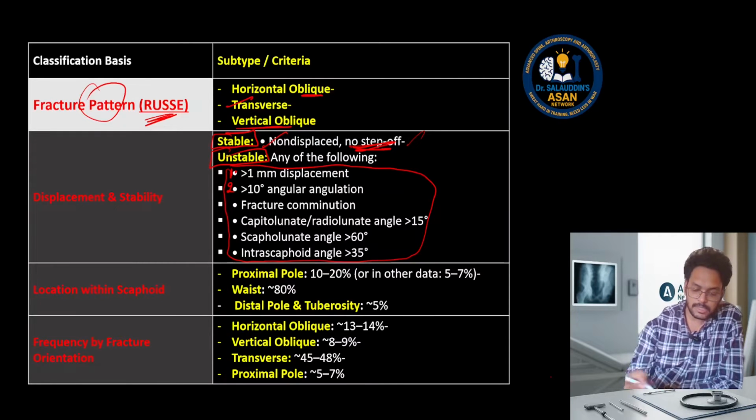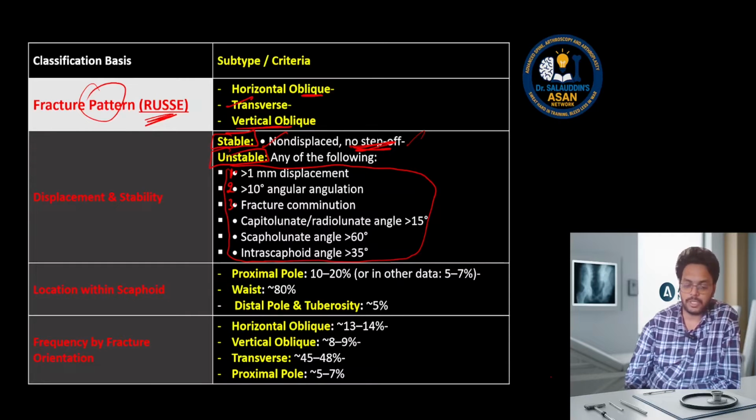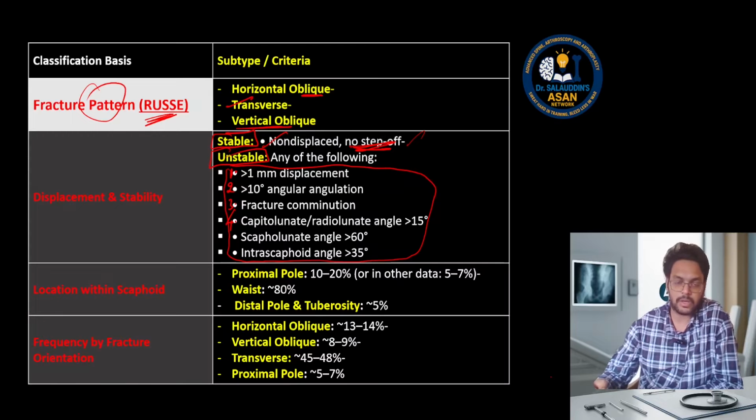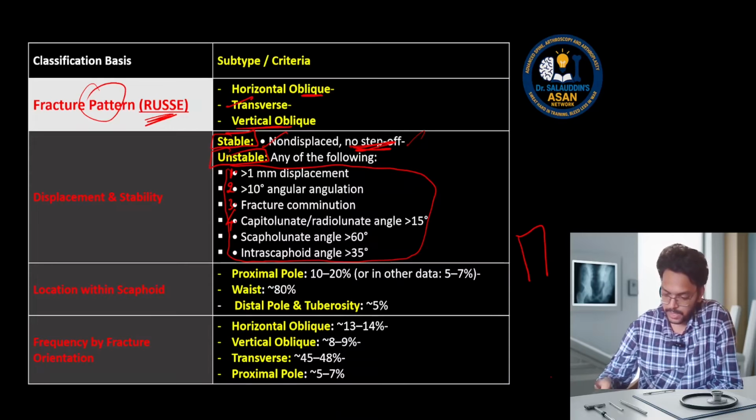Next, the third is fracture comminution. Fourth is capitolunate or radiolunate angle more than 15 degrees. Why this capitolunate or radiolunate angle is important is it forms the axis of the wrist joint. Okay, see, this is the radius bone, radial most side is the scaphoid and then the lunate.